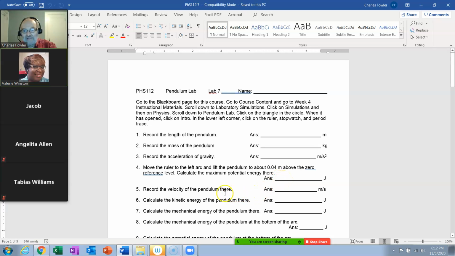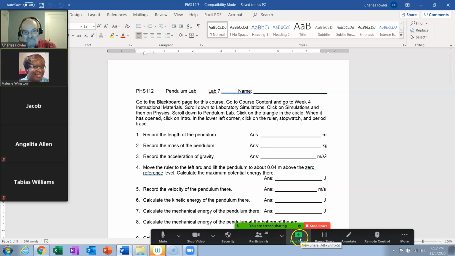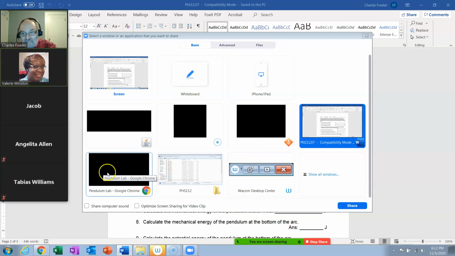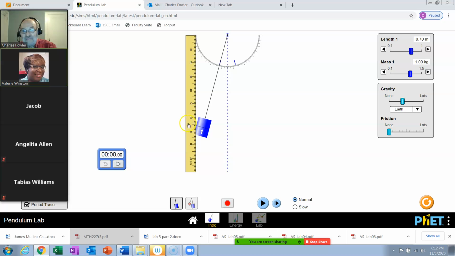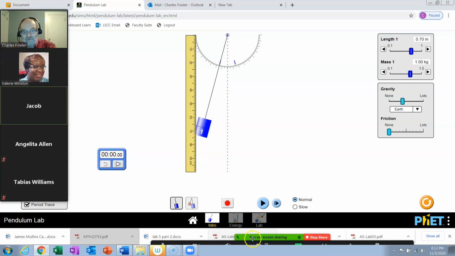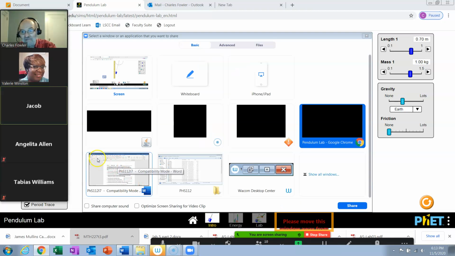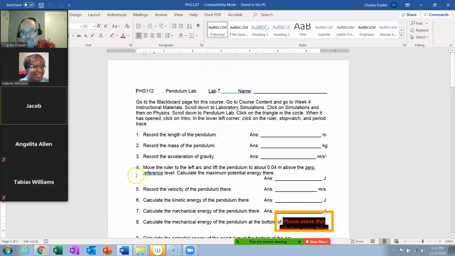Okay, now what's the velocity of the pendulum up there? It's sitting there. What's its velocity? 0. Okay, so there's that answer. Calculate the kinetic energy of the pendulum there.